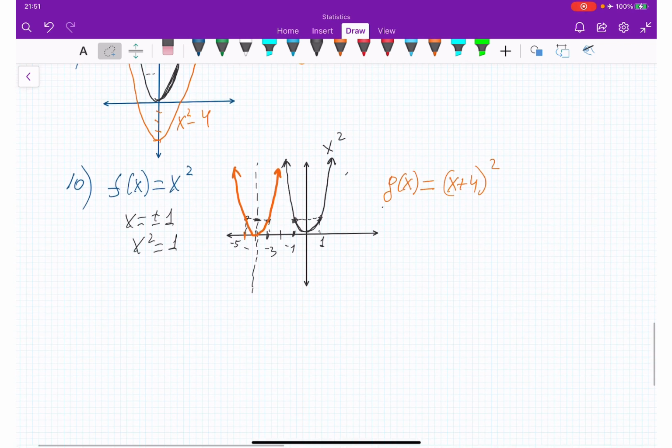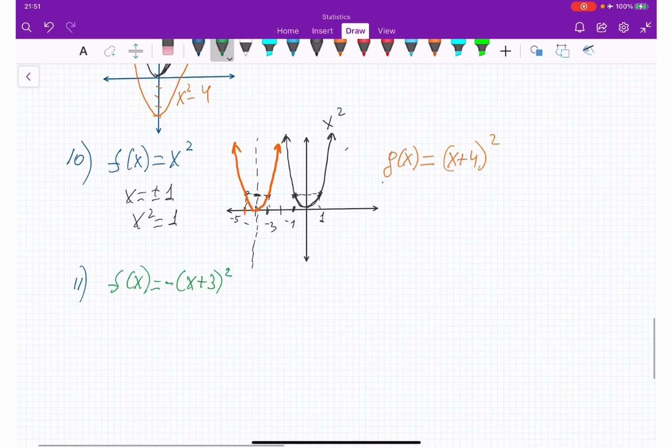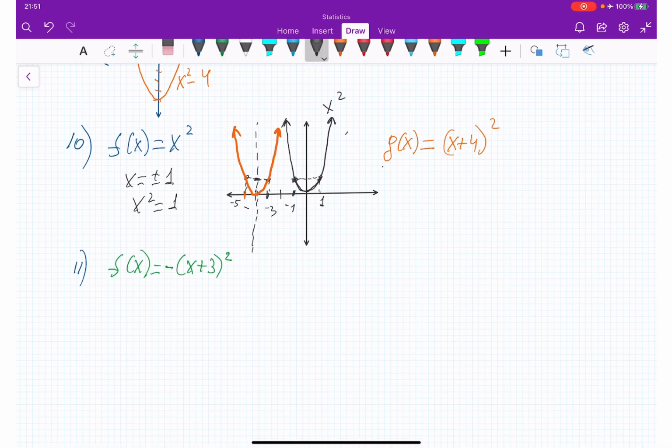So we're going to build the same graph, but negative. Question number 11. We need to build, let me take a different color, f of x is equal negative x plus 3 squared. All right, so let's build first the x squared.